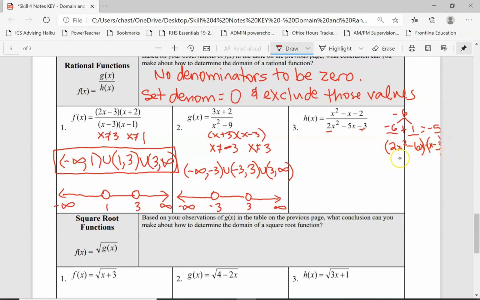Factor by grouping. Factor out the 2x in the first group and a 1 in the second group. And that gives me the factors 2x minus 1 and x minus 3. So I'm going to go ahead and rewrite my denominator with that.